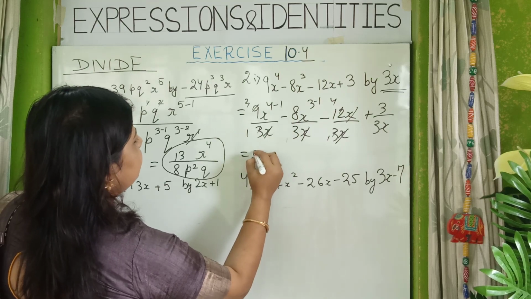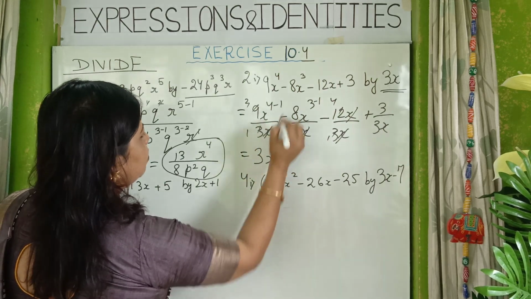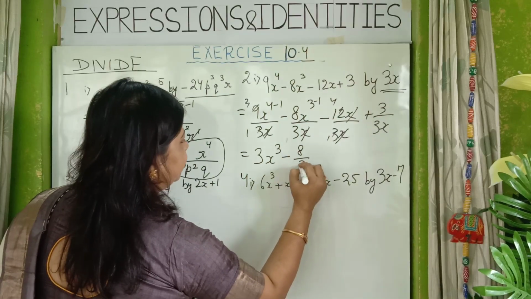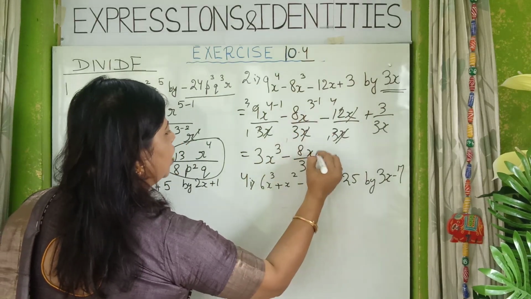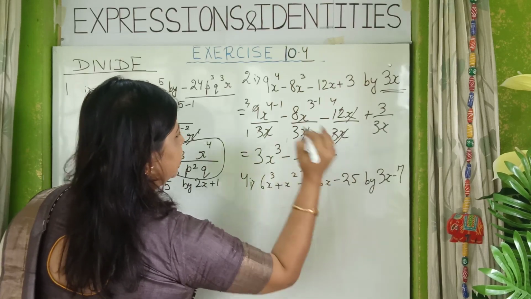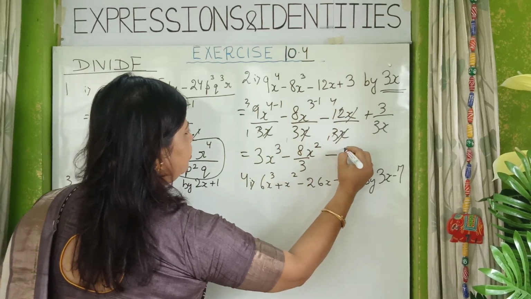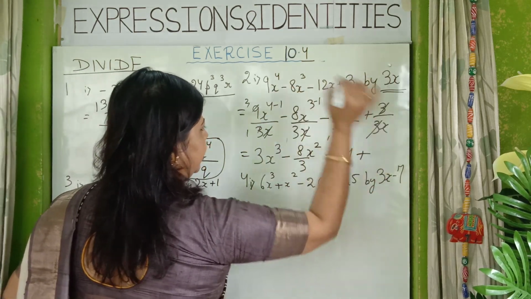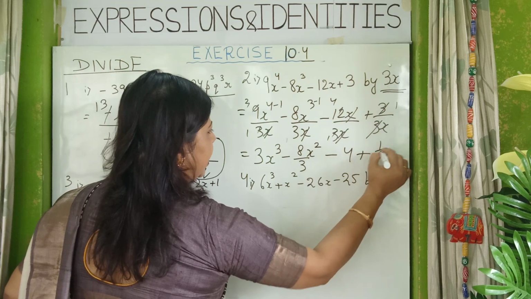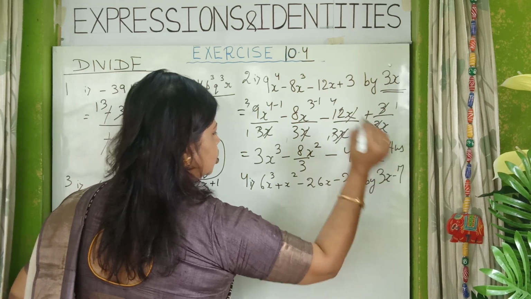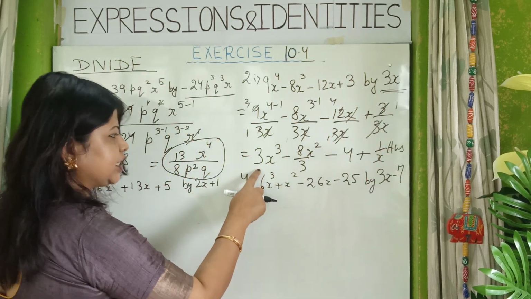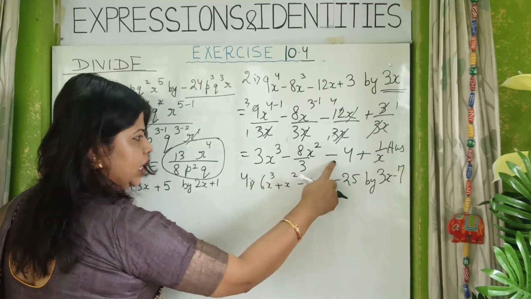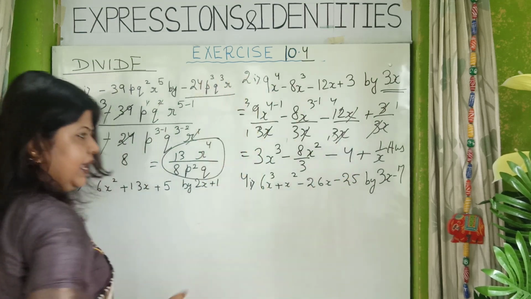So my answer here is 3, x to the power 4 minus 1, so x square. Minus 8 by 3, x to the power 3 minus 1, so x square. Minus 3 fours are 12, so 4, x gone. Plus 3 and 3 cancel off, so 1 by x. So students, the answer is 3x cube minus 8x square by 3 minus 4 plus 1 by x.